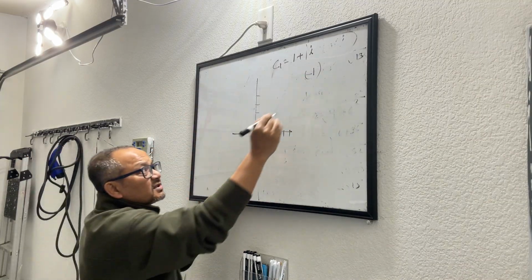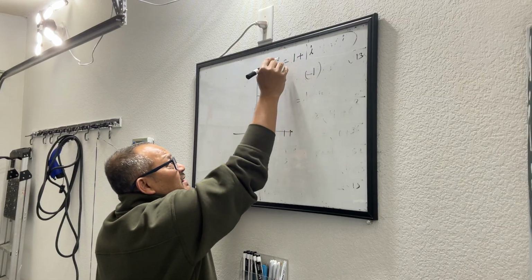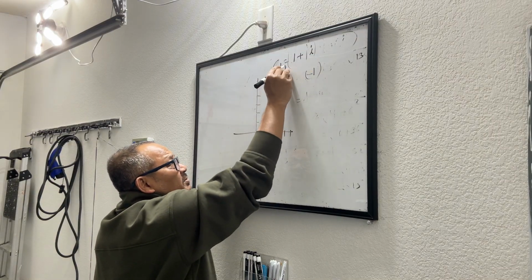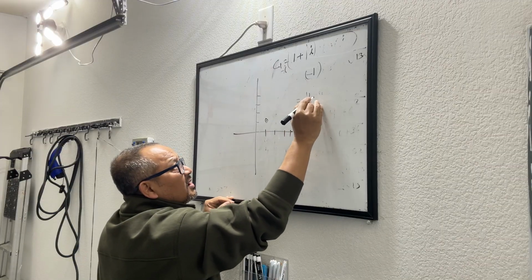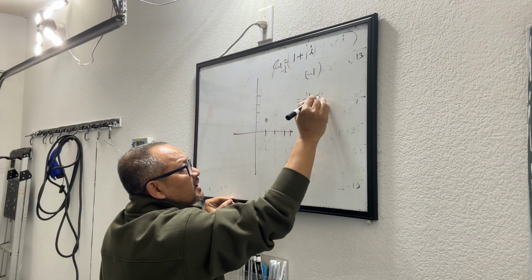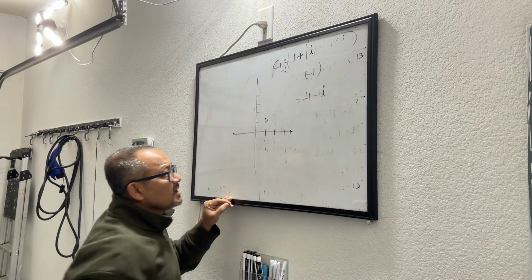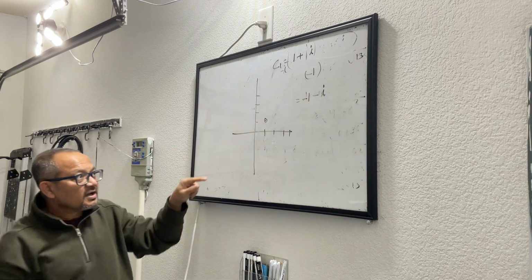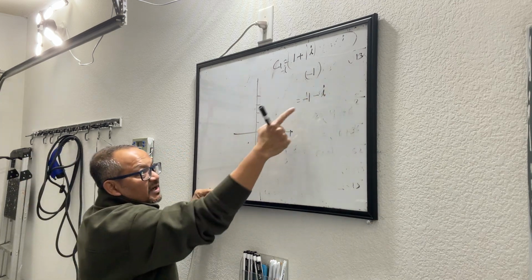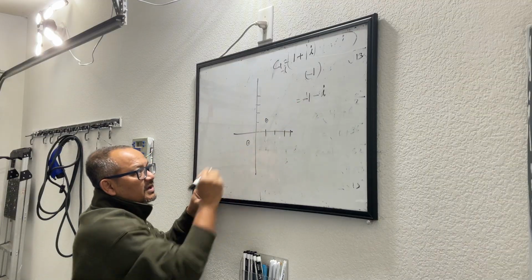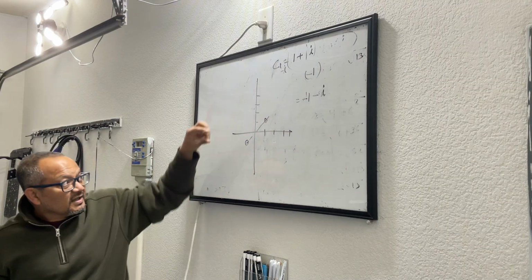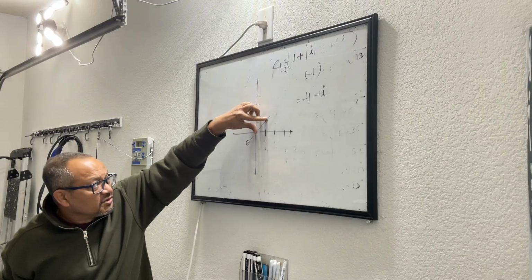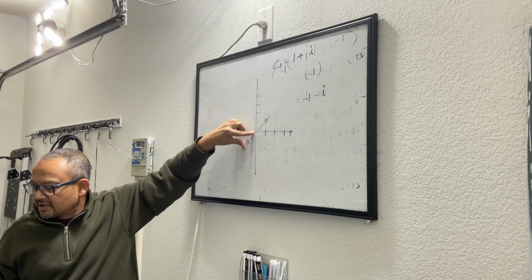It becomes minus 1 minus i. What happened was, it came here, minus 1 minus 1. The magnitude will remain the same.